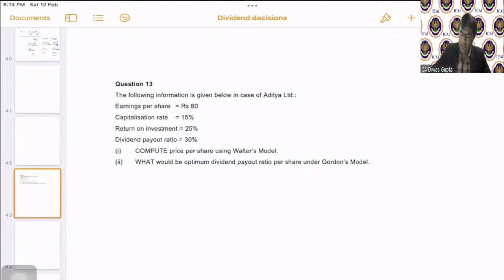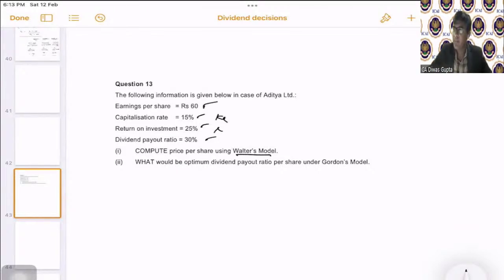So, question number 13, students. The following information is given in case of Aditya Limited. Earnings per share is given as 60, capitalization rate is given as 15, R is given as 25, KE is given as 15, and dividend payout is given as 30%. Compute the price using the Walter's model.